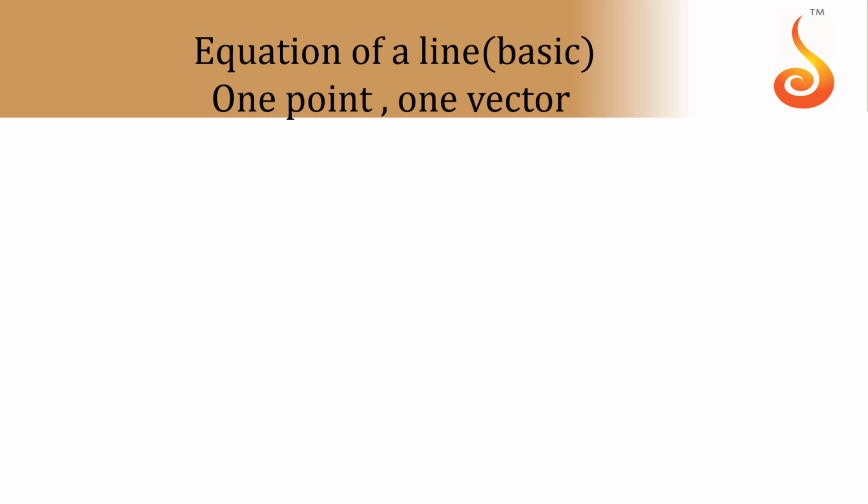Then the equation of a line, basic form. This is a very, very important form. Suppose you have a point A bar and a vector along the line. Then what is the equation? R bar equal to A bar plus lambda B bar, where lambda is a parameter.